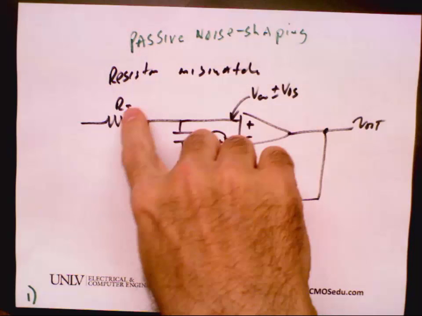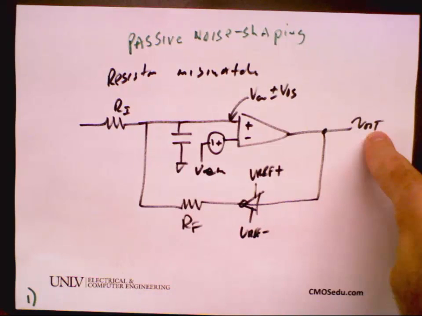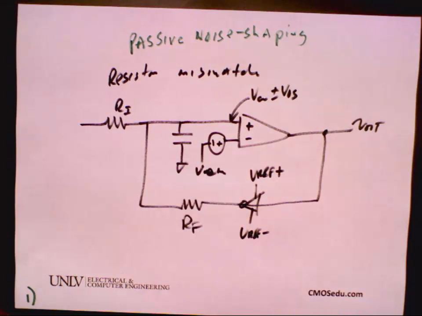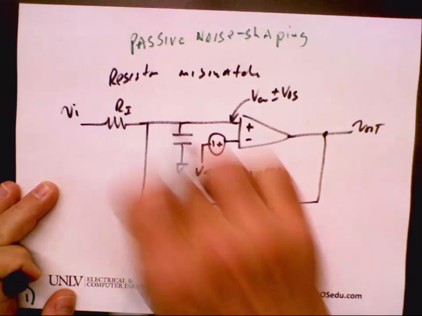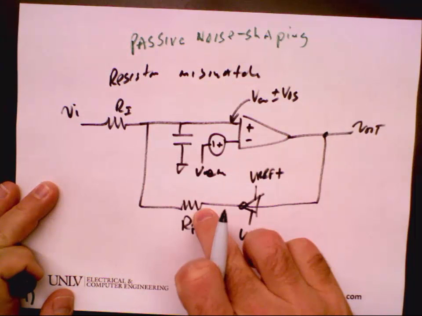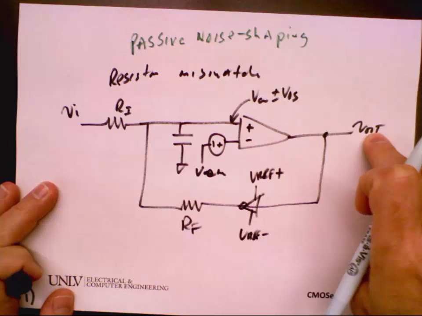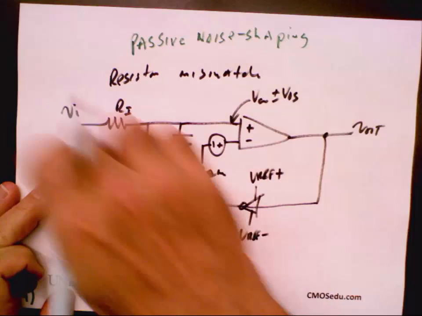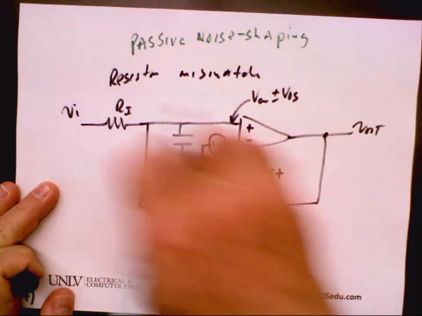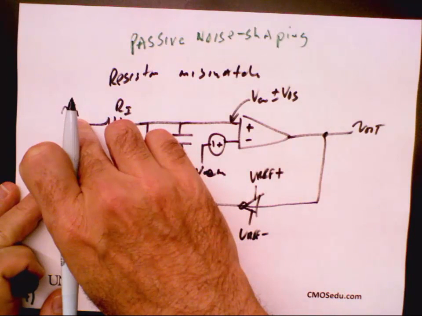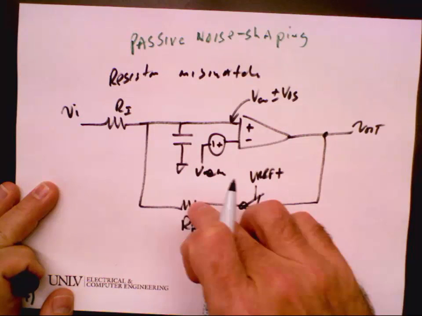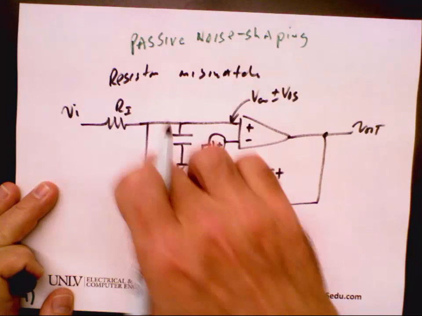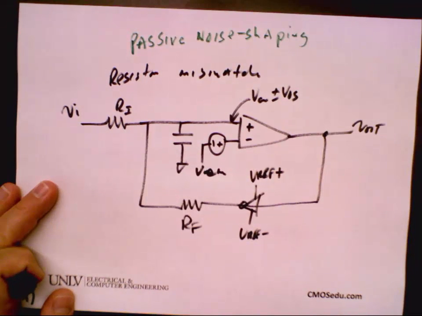Because if they're not the same, if your output's averaging to your input and you have different resistances here, then if this resistor is smaller, your output has to be bigger. If this resistor is smaller than this one, your output has to be smaller than your input, right? And if this resistor is bigger, then your output has to be bigger than your input in order for the feedback signals to be equal.